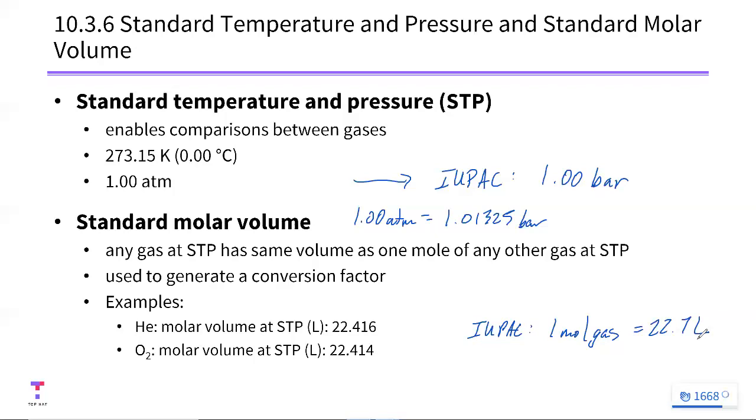In the macro scale, it doesn't matter that much. In the micro scale, it could be significant enough to notice. Overall, just pay attention to what the book is defining, what the problem is defining as those standard conditions.